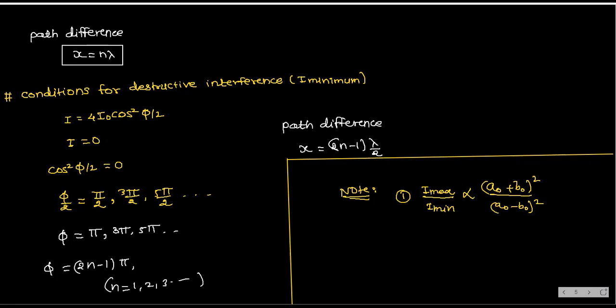Even you can keep equal also, but we will keep here equal to. So indirectly I maximum is directly proportional to a naught plus b naught square, and I minimum is directly proportional to a naught minus b naught square.